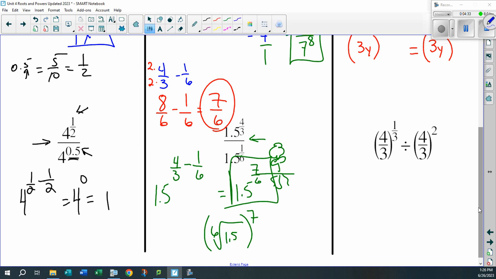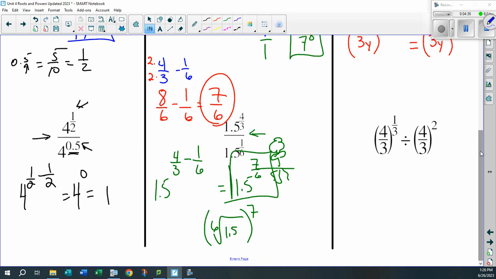Look at this one. Interesting. This one says division. Do you know where the symbol for divide came from? It came from a fraction: numerator divided by denominator. There's your symbol for division. So write this as a division statement.